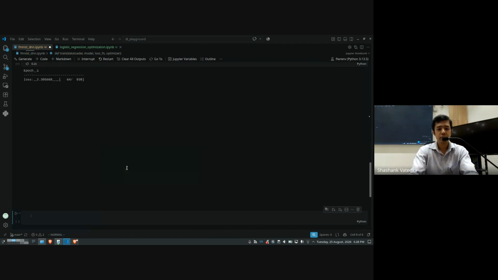So you can run this. It's going to take a little bit of time because obviously there are many more parameters to optimize over compared to a simple logistic regression case where we had just one layer.